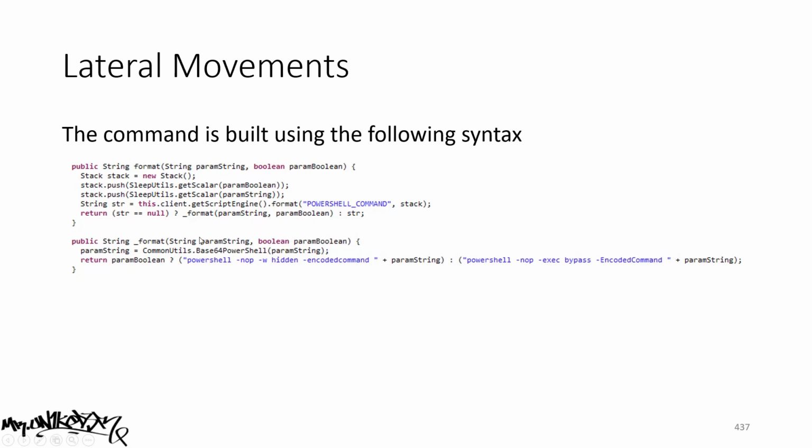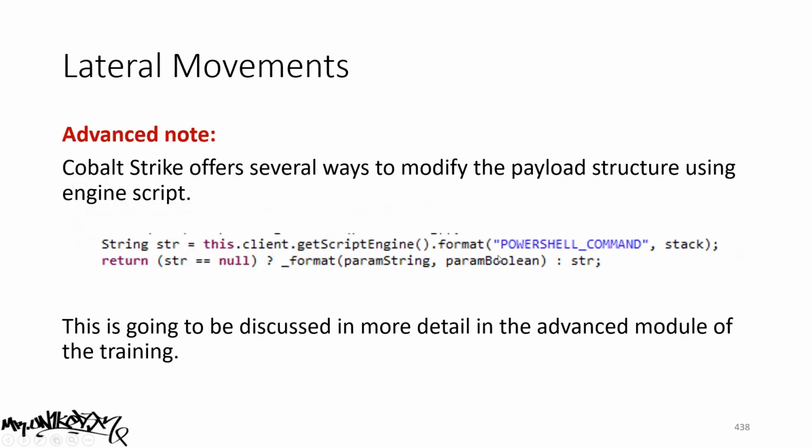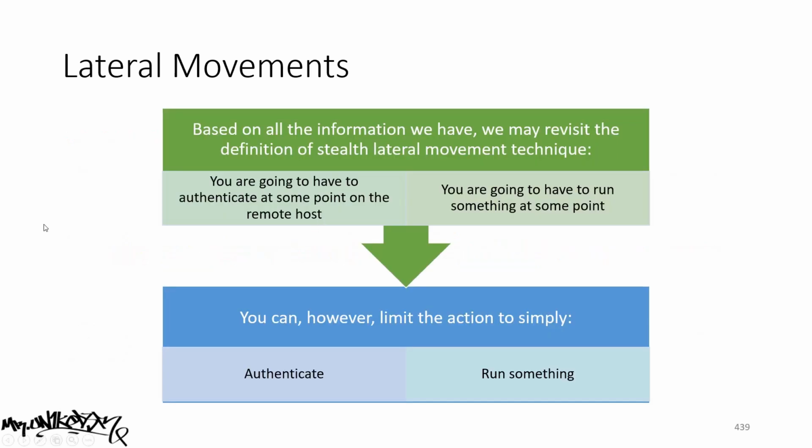So that's a little trick here that you can use. You just define that in your aggressor script and you're good to go, and you'll be able to actually modify the way that it works. But keep in mind that under the hood, it's PowerShell right away. As I mentioned, advanced note, you can always use that instead of the default behavior.